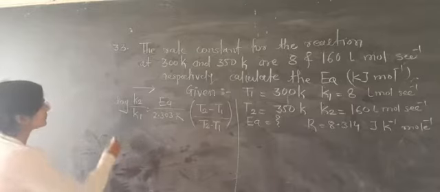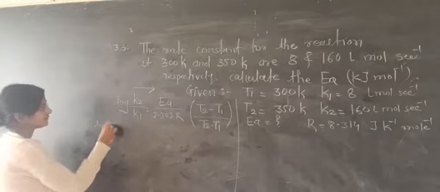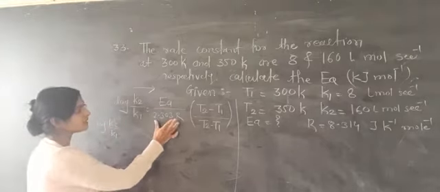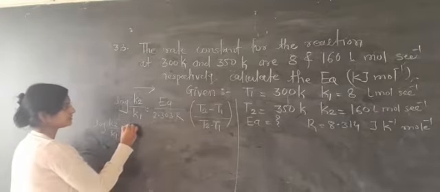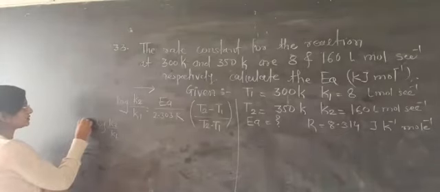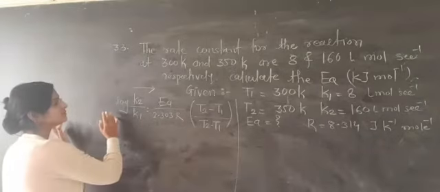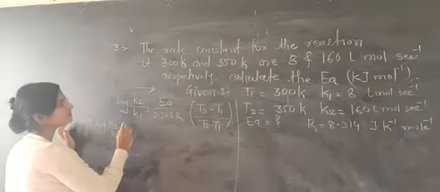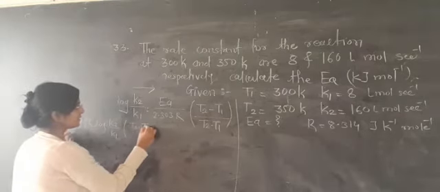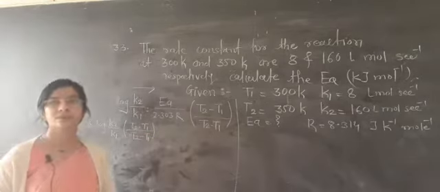The log of K2 by K1 term at the denominator comes here, 2.303 R also comes here, and T2 into T1 upon T2 minus T1.